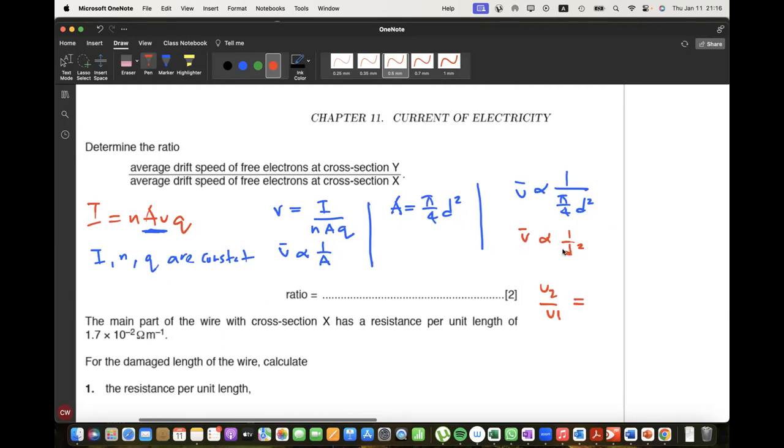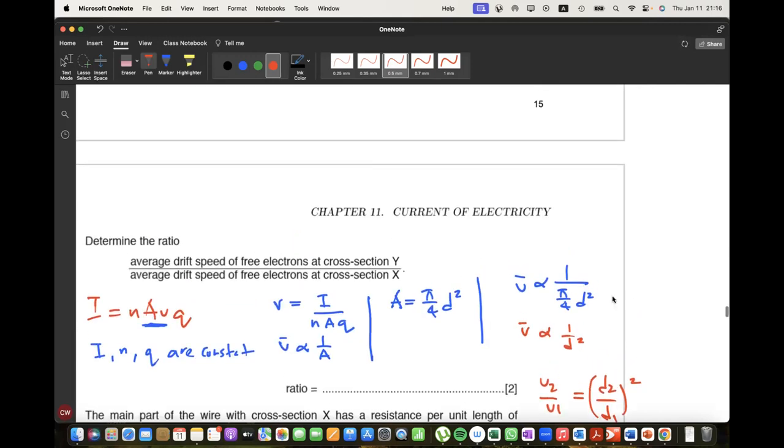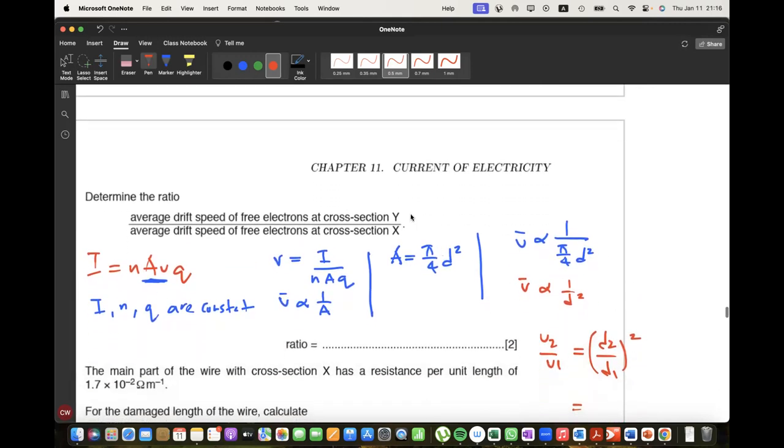That means this one upside down, D2 over D1 like that. So what is diameter number 2? This one 1, this one 2, or 2 and 1? Y is 2, S is 1. 2 over 1. Oh, inverse is 1 over 2. Sorry, 2 over 1 becomes 1 over 2.